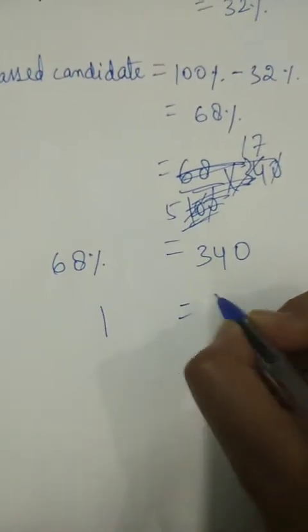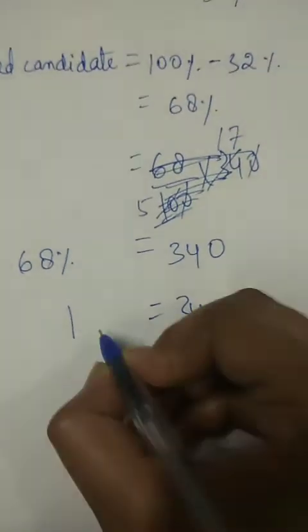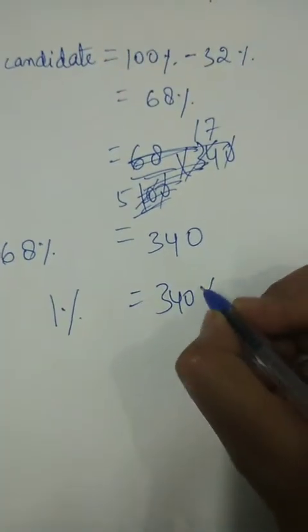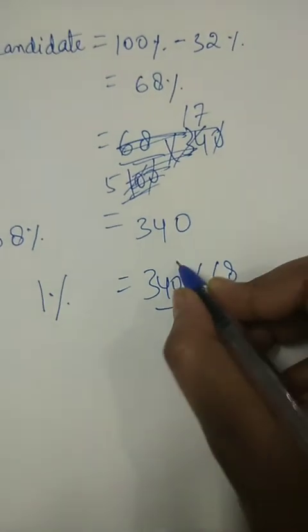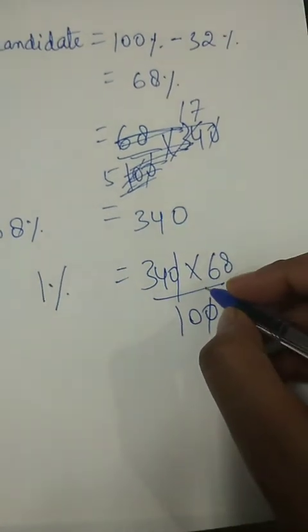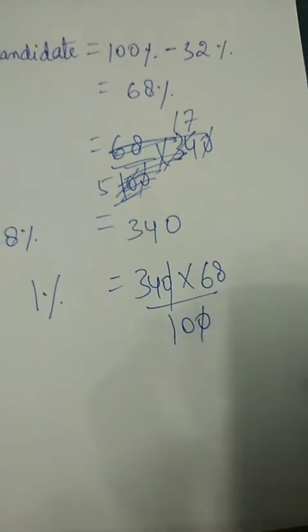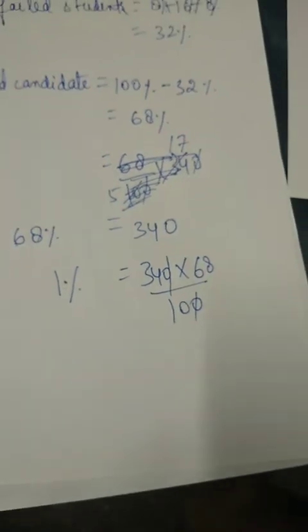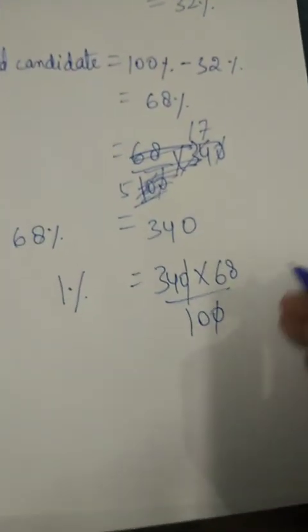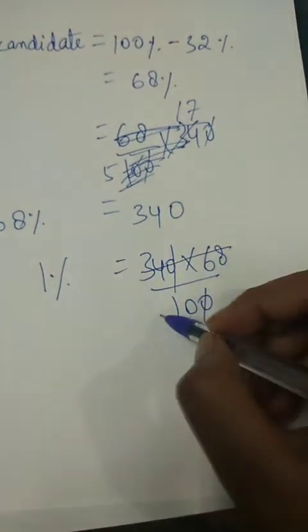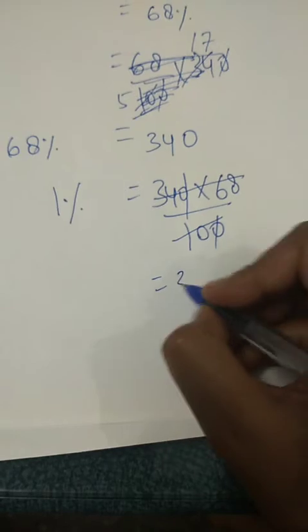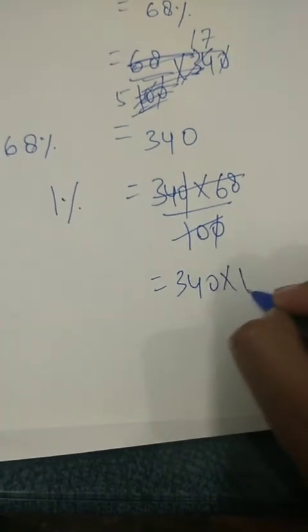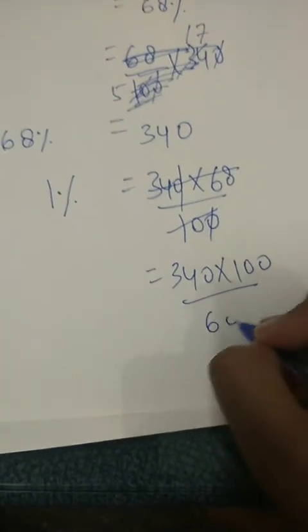So 1% will be, sorry students, it will be 340 into 100 upon 68.